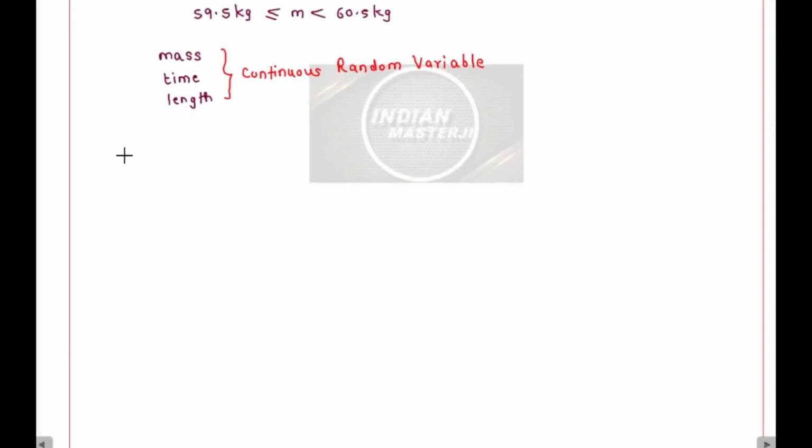Basically, if X is a continuous random variable, then it is defined by its probability density function, f of x.